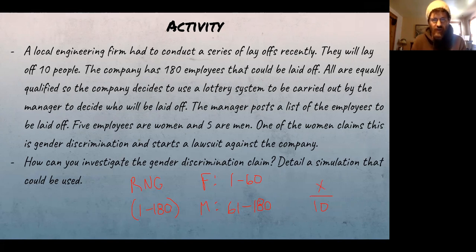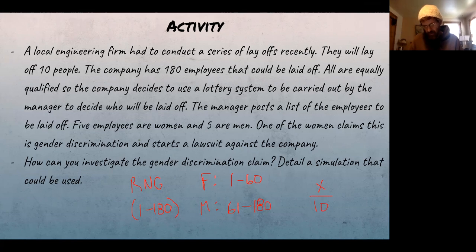So what I want you guys to do, and you can do this easily a couple of times, like 3 or 4 times. It doesn't take long once you get started, but let's set up a random number generator on our calculator. In case you forgot how to do that, you have to go to the math button, over to probability, down to random integer, and I'm going to do 1 to 180.